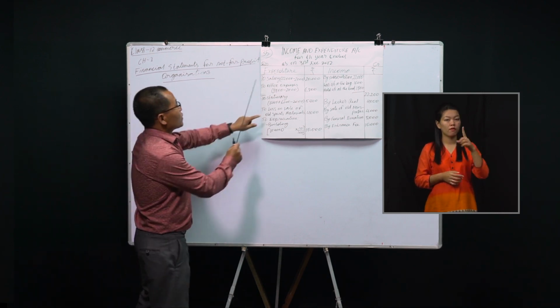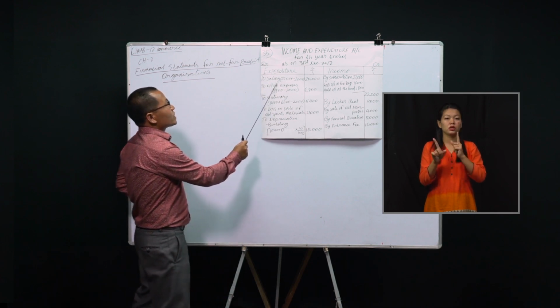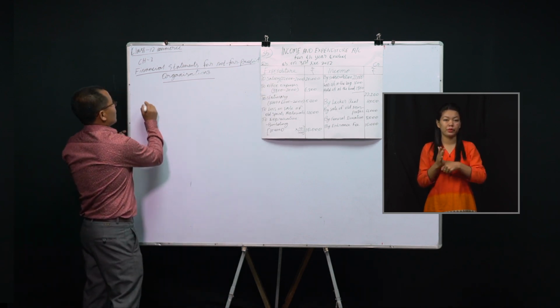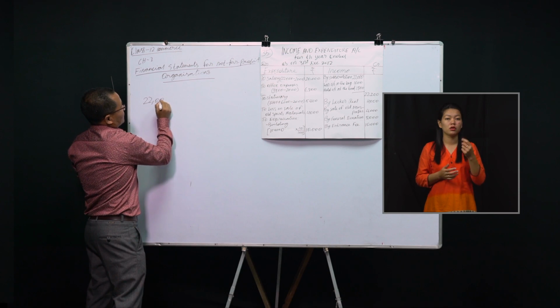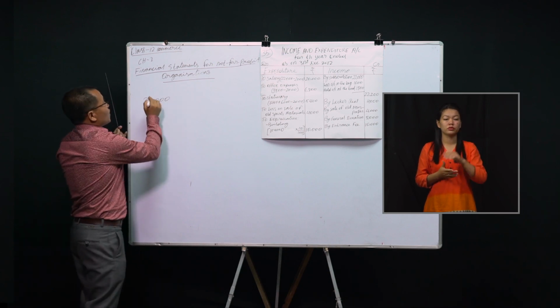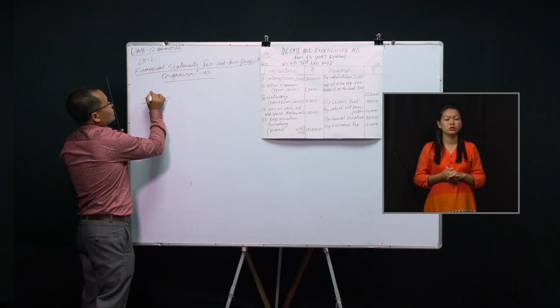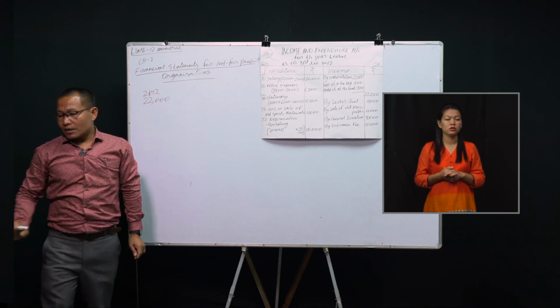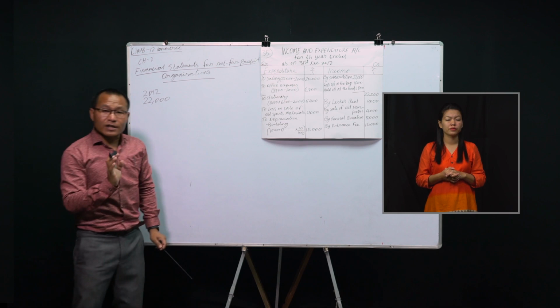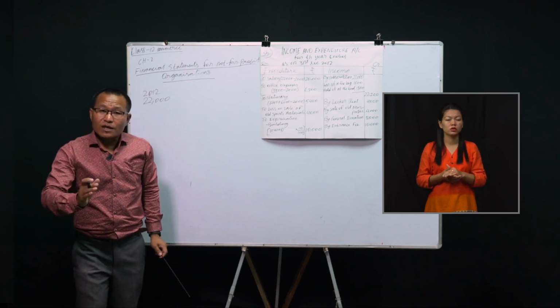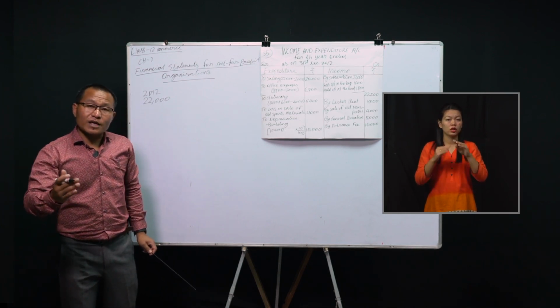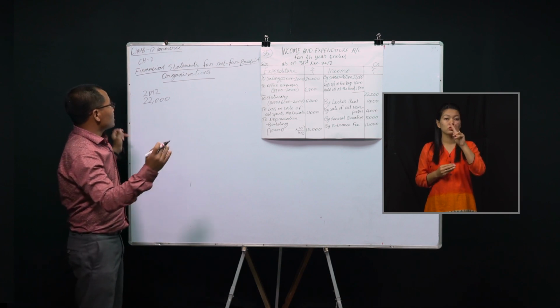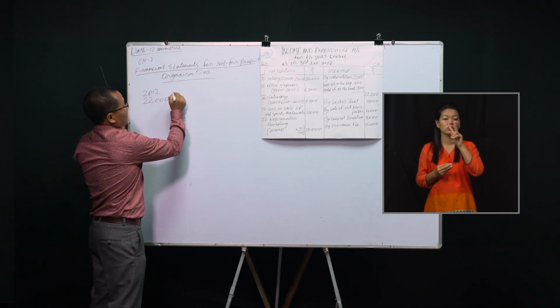Let's see. Salary. First, on the debit side, you have salary 22,000. This is for 2012. But your question clearly states that 2,000 is included for 2011.